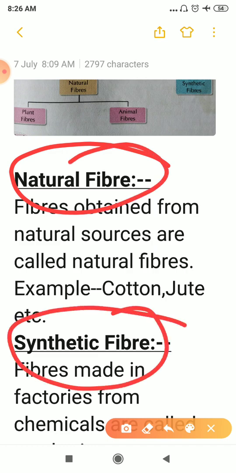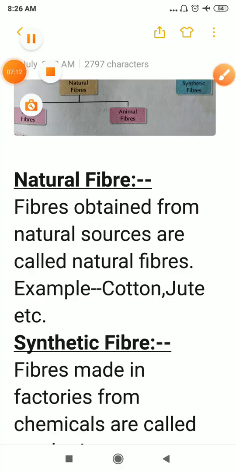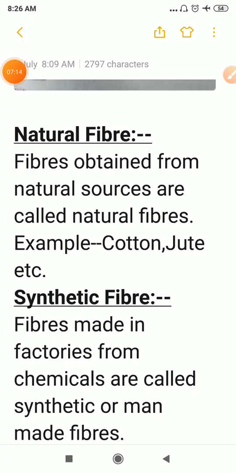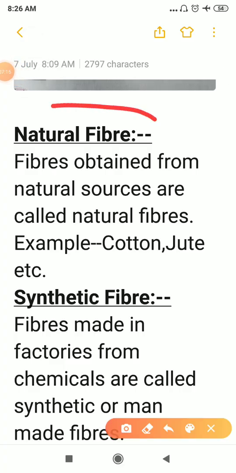What is natural fiber and what is synthetic fiber? Fibers that we get from nature are called natural fibers. For example, cotton, jute, hemp, coir, etc. All these are natural fibers.